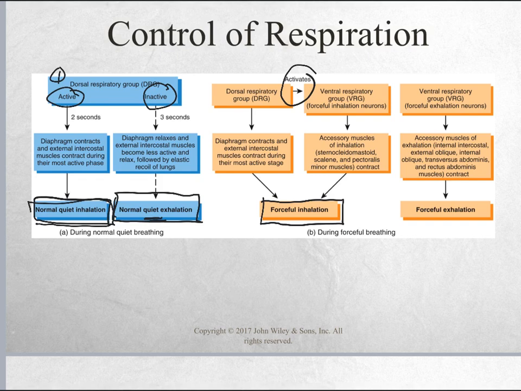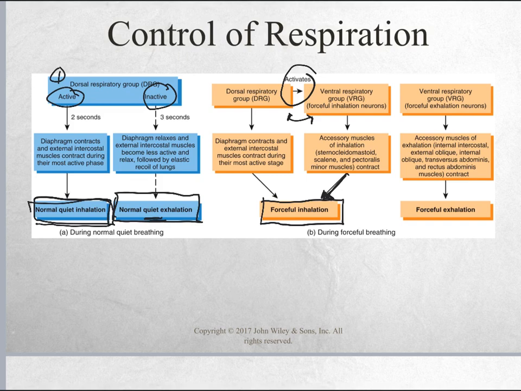Our ventral respiratory group will be again activated by the DRG. This is going to increase the activation of these forceful inhalation neurons. We now innervate those accessory muscles of inhalation, those secondary respiratory muscles, the sternocleidomastoid, the pectoralis minor, the scalenes. These three muscle groups are going to contract to give us a big forceful inhalation.